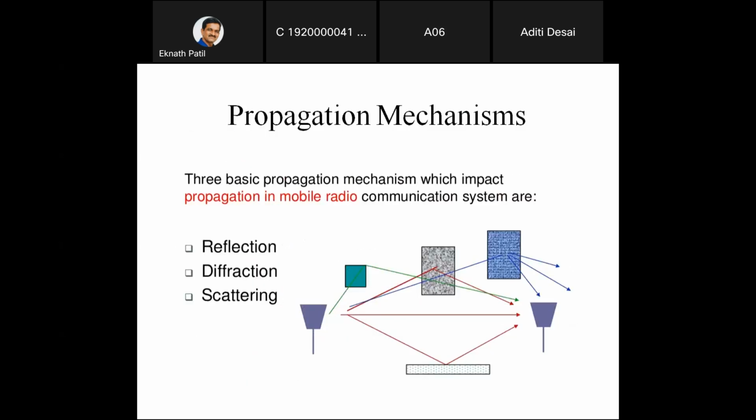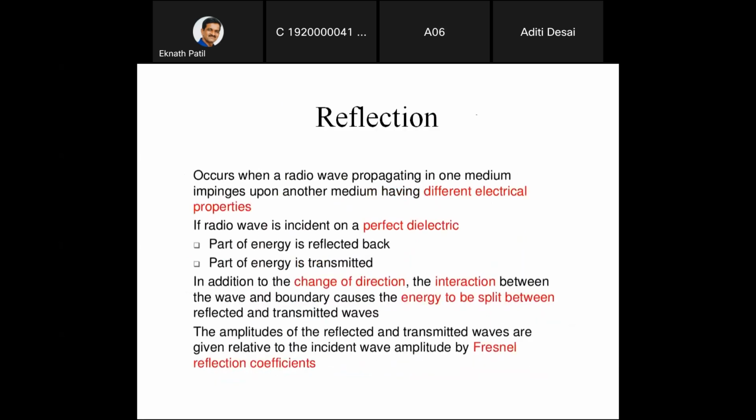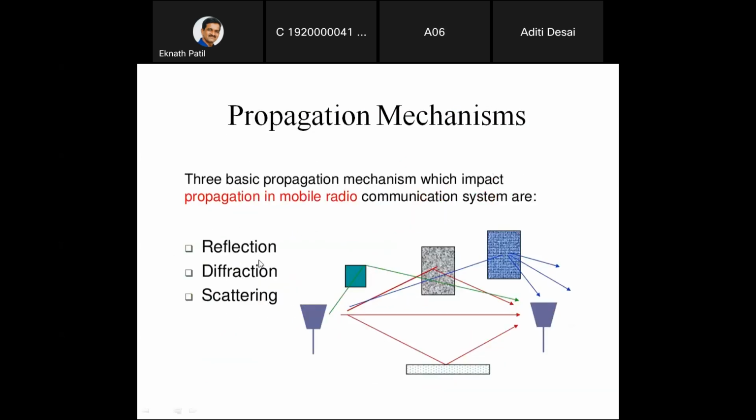In propagation mechanisms, three things we have discussed: reflection, diffraction and scattering. These are the basic propagation mechanisms which impact mobile radio propagation. We know what reflection, diffraction and scattering are. These are the phenomena that happen when the transmitted signal is incident on any object.